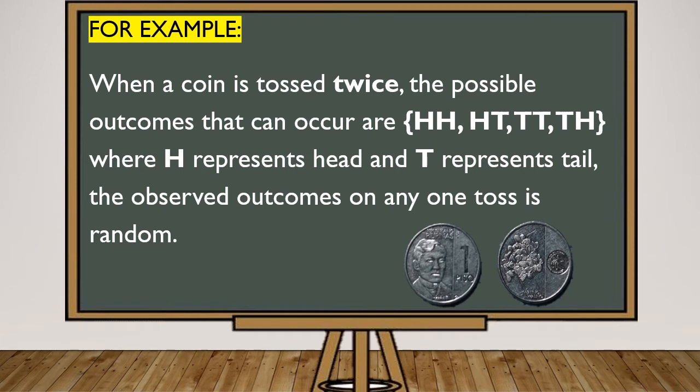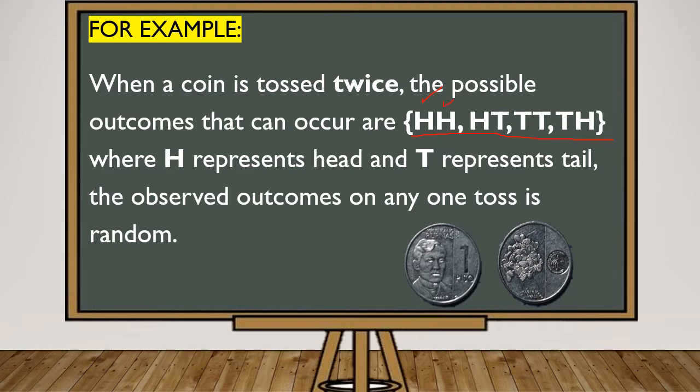So for example, when a coin is tossed twice, the possible outcomes that can occur are our sample space. On your first toss you can get a head, then on your second toss another head.